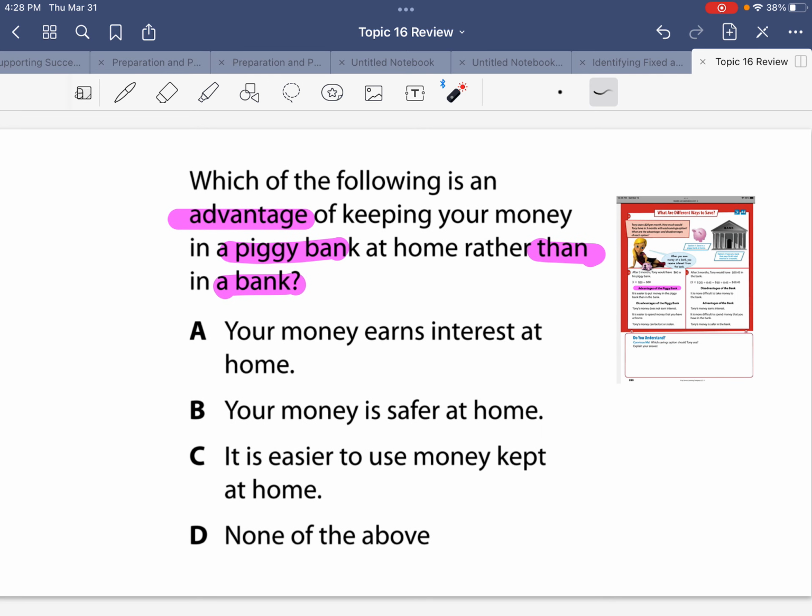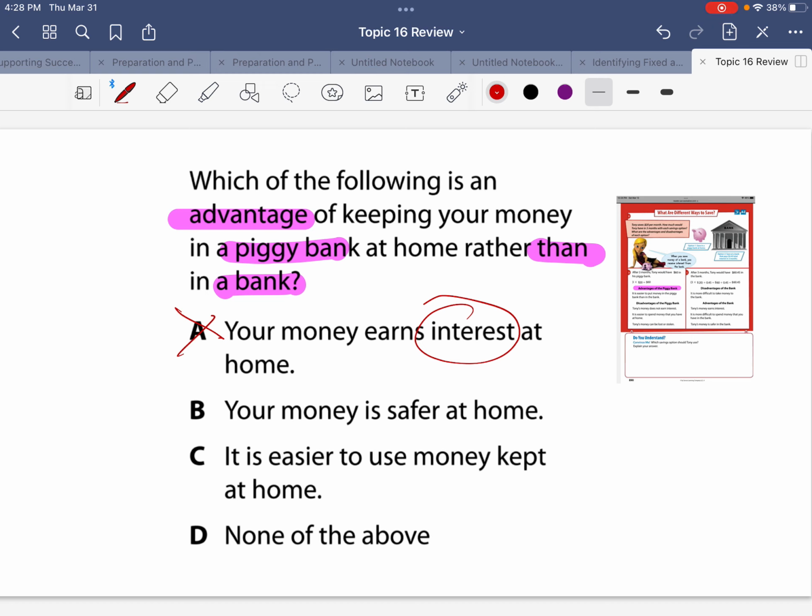Your money earns interest at home, okay? That's not right. When you have a piggy bank at home, there's nobody there saying, I'm going to add $1 to this piggy bank every single day or every single month. No, your piggy bank does not earn interest by itself. So it's not A. B, your money is safer at home, okay?